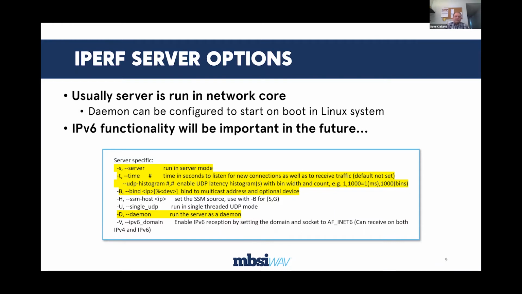If I run it as a server, then the terminal is dedicated to that service, and if I close the terminal, I will kill my iPerf server service. If I want to run it as a daemon, then I can just set it up, run it, and leave it.